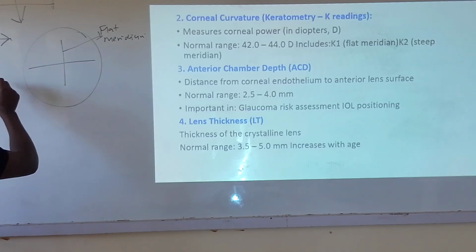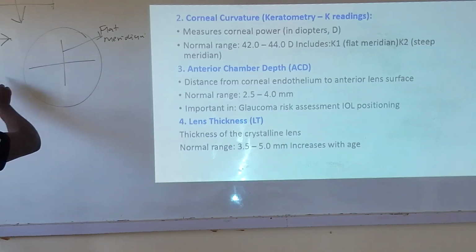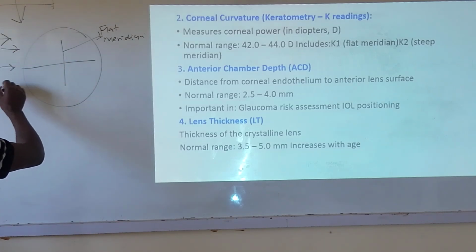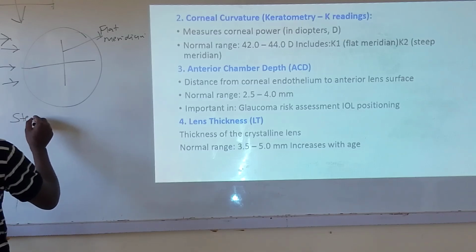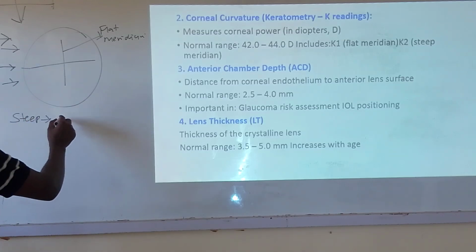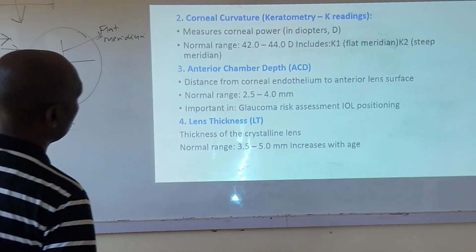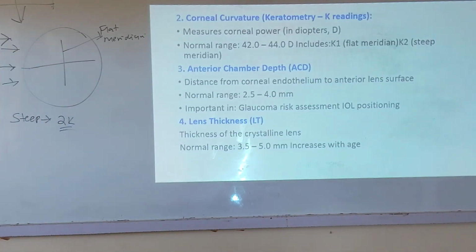And for example, if this is our horizontal plane, it is now representing the horizontal meridian, assuming this horizontal meridian from this side towards this side is steep, then that is what is represented by K2. That is when you are looking at the readings of the cornea curvature.